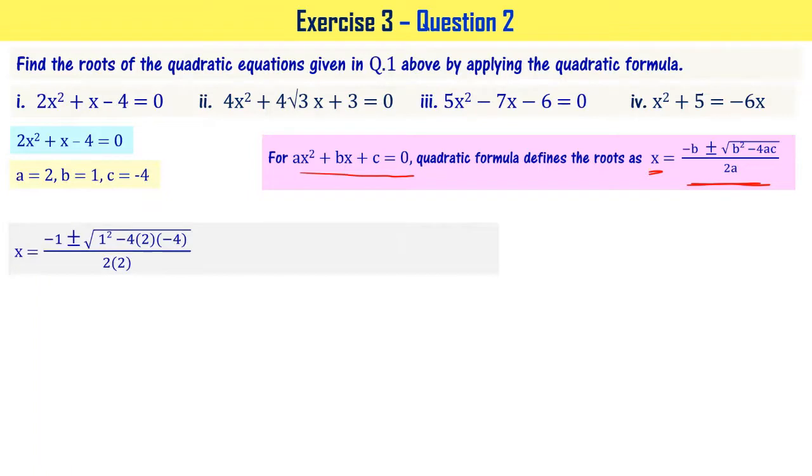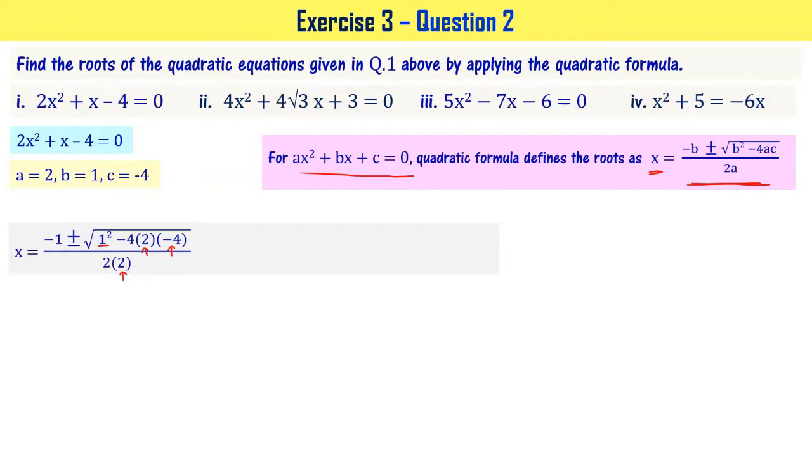When you do that, you can write x equal to minus 1, that is minus b, plus or minus square root of b square, that is 1 square, minus 4 times a times c, right, divided by 2a, 2 times 2.